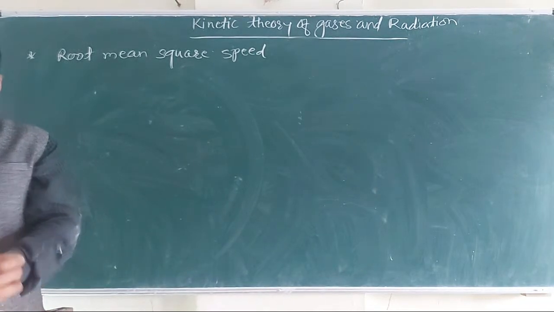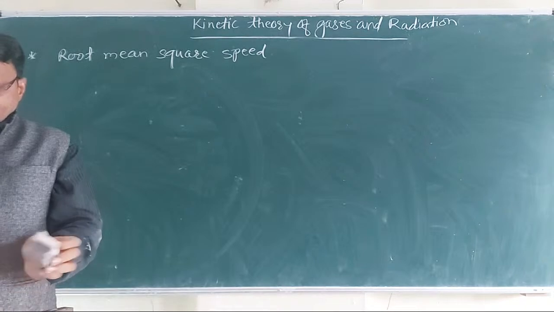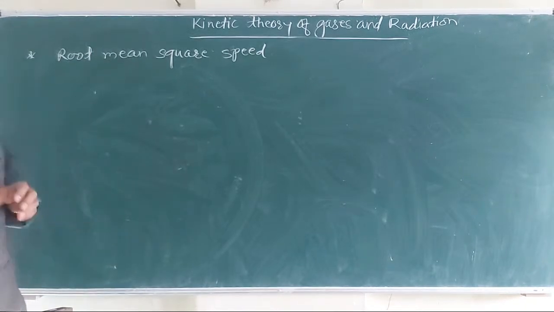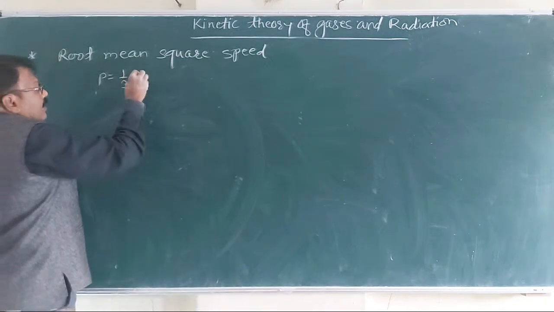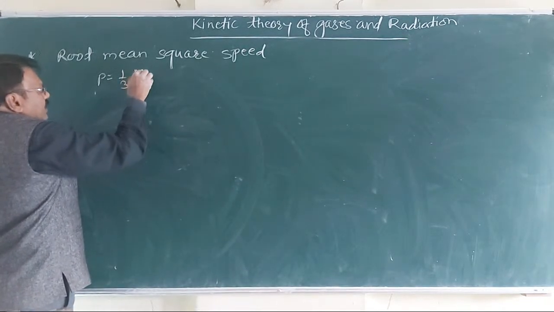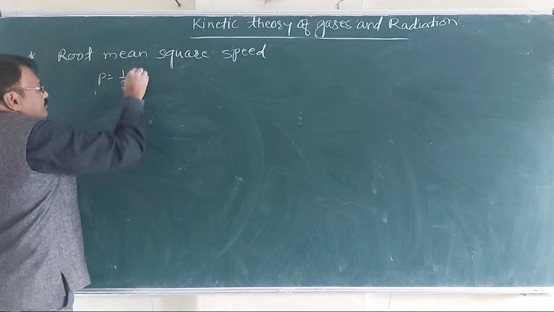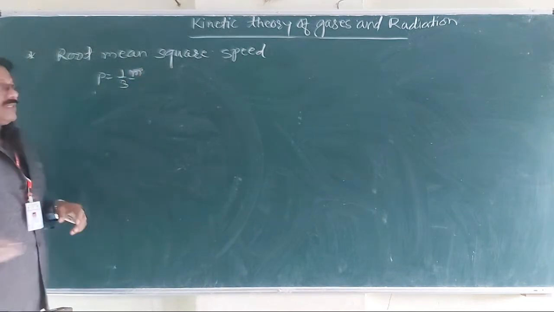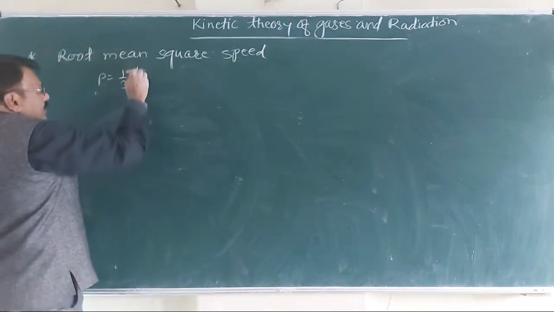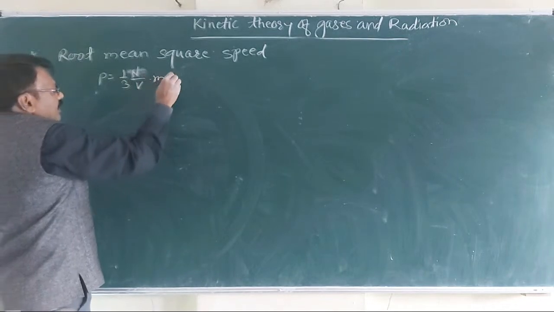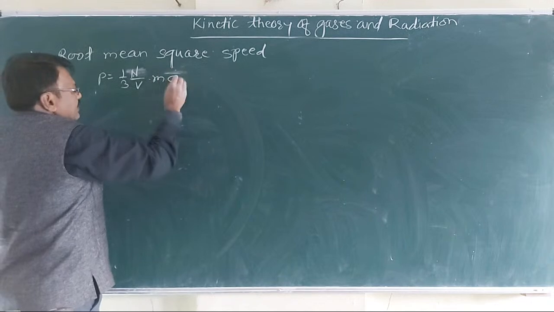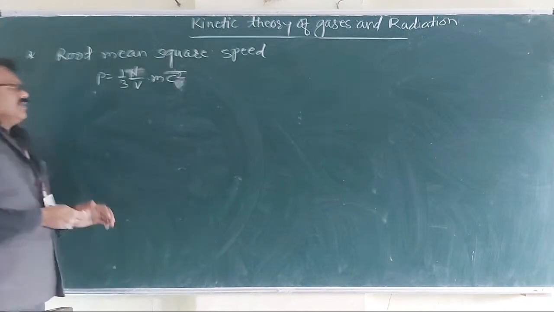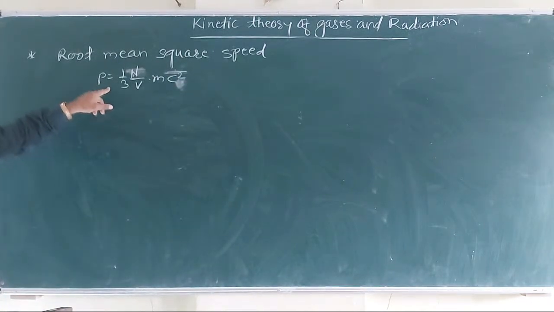आपण ऑलरेडी पाहिलेलं आहे. Now the pressure equation, we know this pressure equation is P equal to 1/3 n upon V into m c square bar. Now this is the pressure equation.